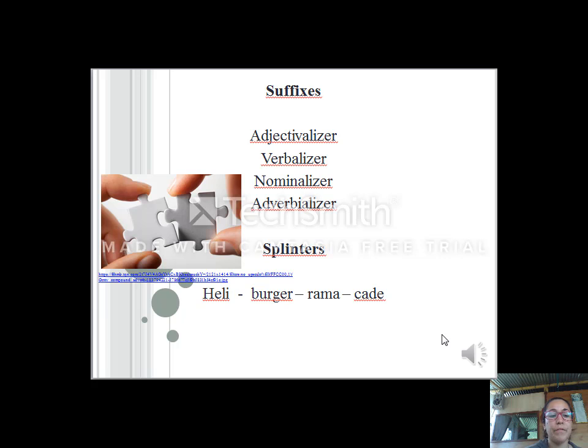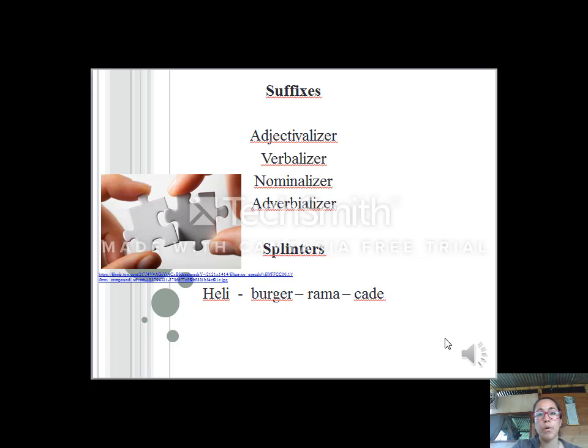Adjectivalizer, we found words with the following endings: wonderful, raining, sensible. The last, adverbializer, we found words like slowly or anyway.